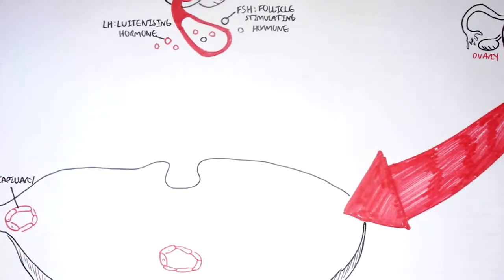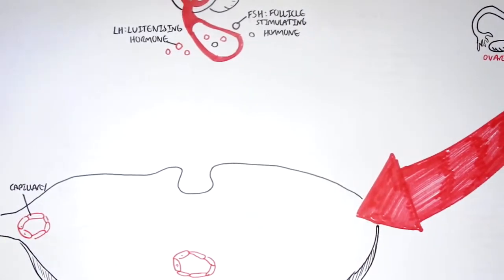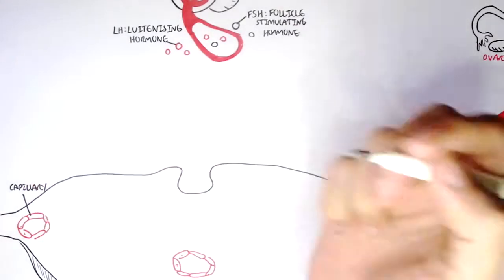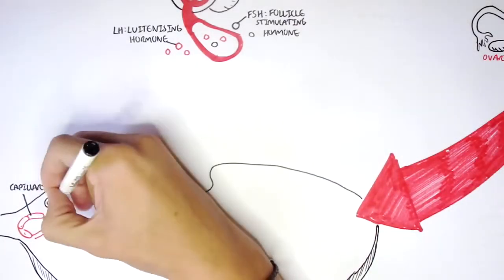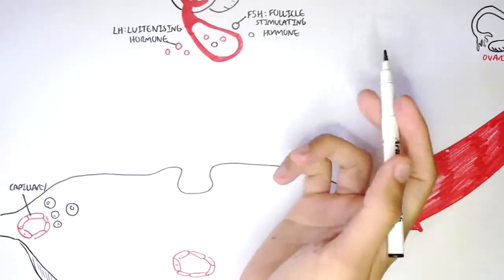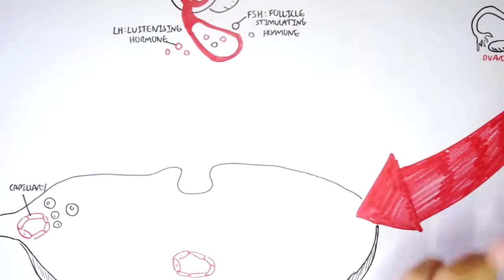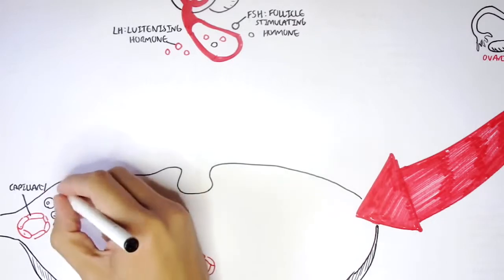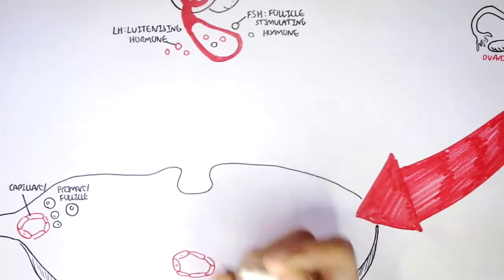And it's through these capillaries, these blood vessels, that the hormones can enter. Now in each ovary there are follicles. Women have many follicles in the ovaries, and each month only some will begin to mature, but only one will ovulate and produce an egg.